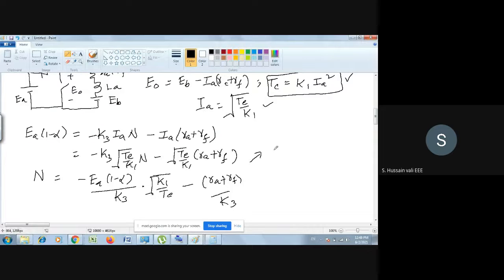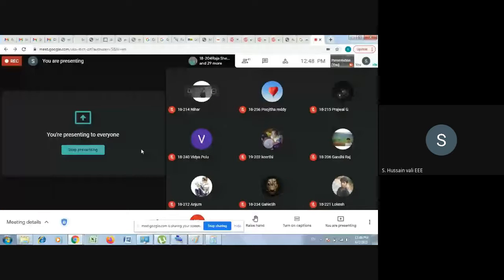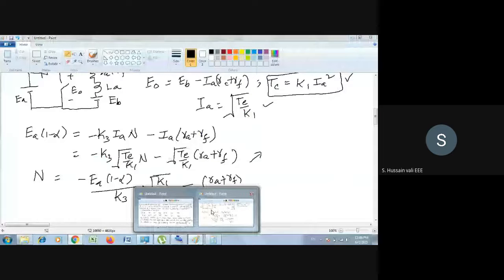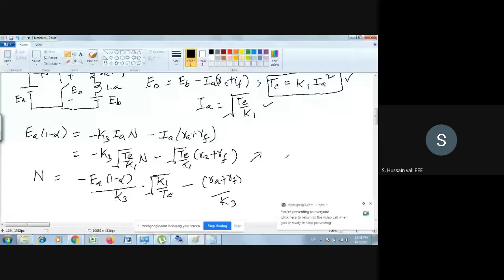Let's simplify this further. How do we do this? 1 minus alpha, so we take the value of alpha. This is somewhat tricky because you have the square root here.